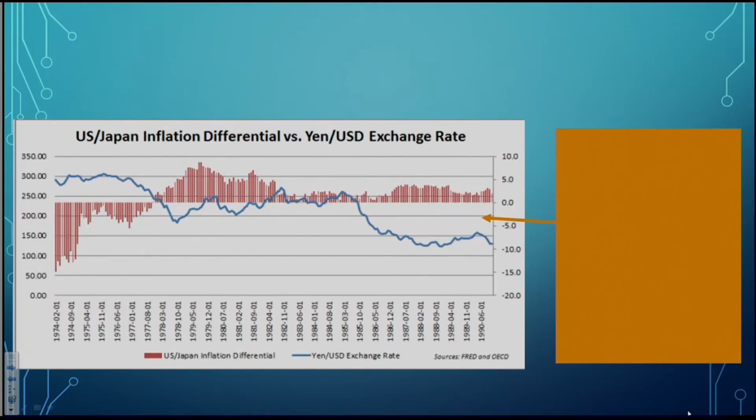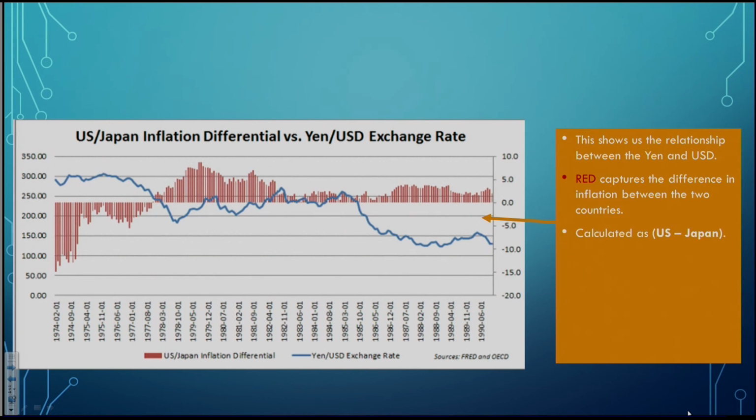All right, so here's an interesting graph, and let's make sure we understand what this is telling us. This shows us the relationship between the yen and the US dollar. In red, those red bars capture the difference in inflation between the US and Japan.